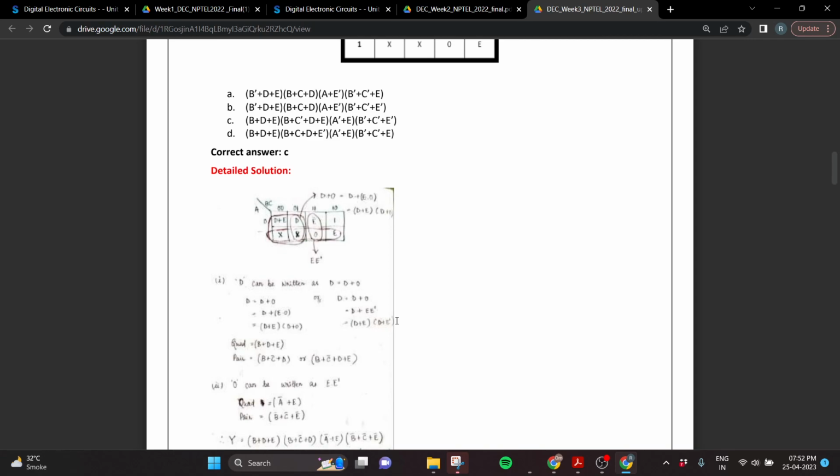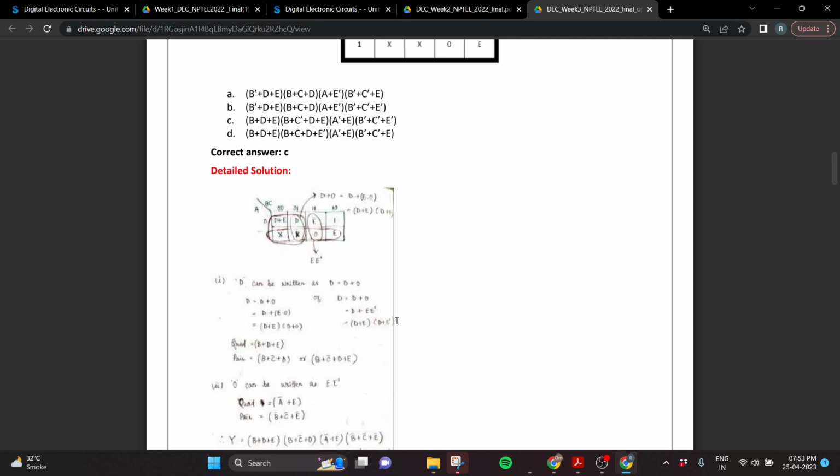So if you look at this quad, all the common terms are D plus E, where B is common, right?